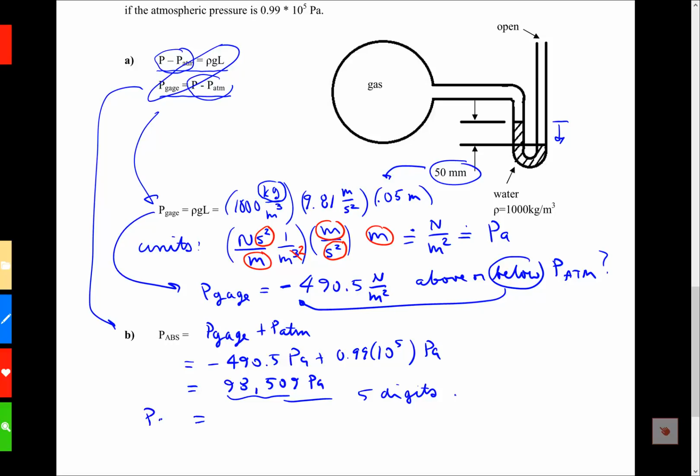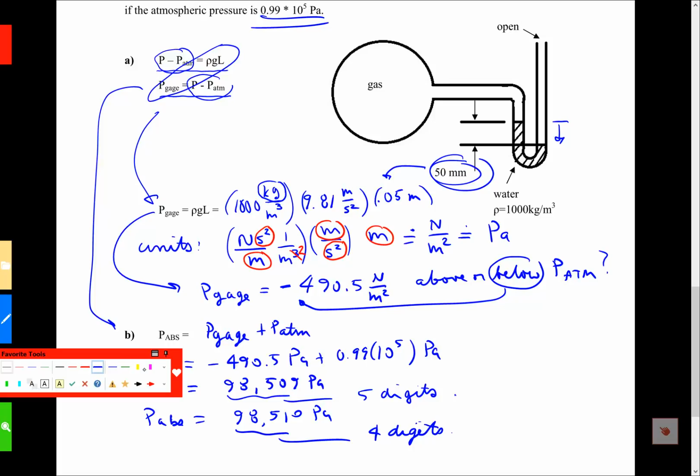Let me write the answer as 4 digits rounding off to be 98,510 pascals. The number of digits you use should be taking into account the implied accuracy. Our implied accuracy is 50 millimeters of measurement and 0.99 up there.